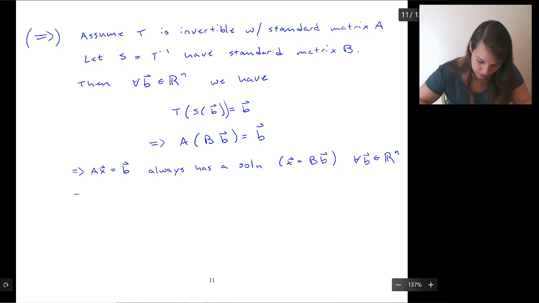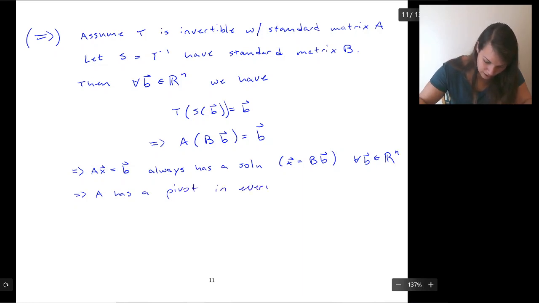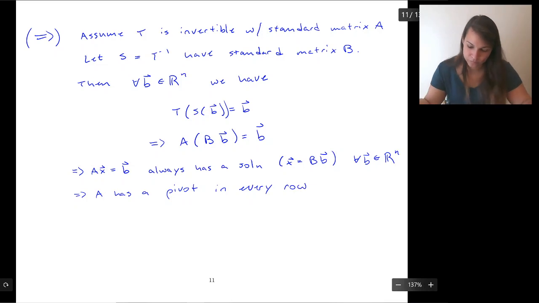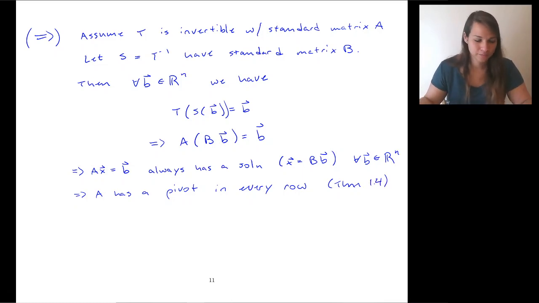So then that means A has a pivot in every row. That was Theorem 1.4. Once again, we use that a lot.